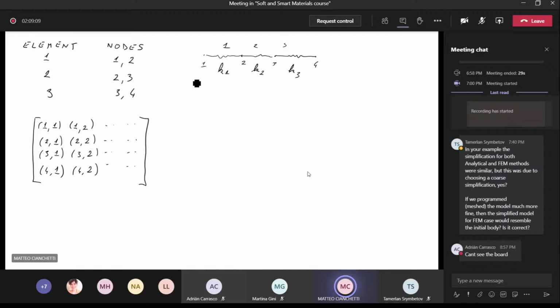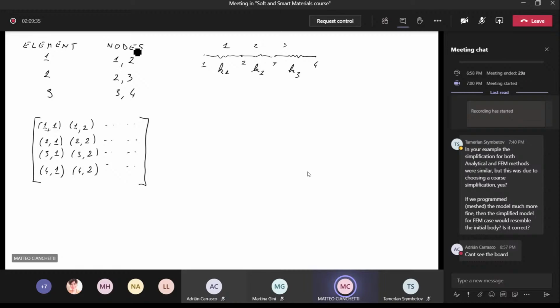So this means that K1 will be for sure here, and also here, and also here. Sorry, yeah, the K1 that is defining the stiffness of element 1 has nodes 1 and 2, so it is going to appear when 1 and 2 are going to define the rows and the columns of the matrix.